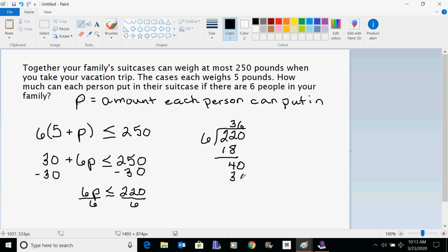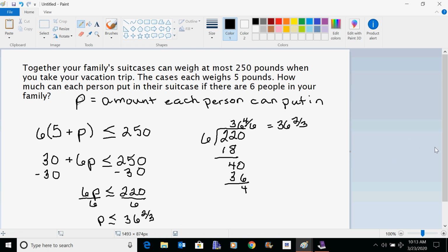I get 36. 4 left over. 36 and 4 sixths, which equals 36 and 2/3. P is less than or equal to 36 and 2/3.